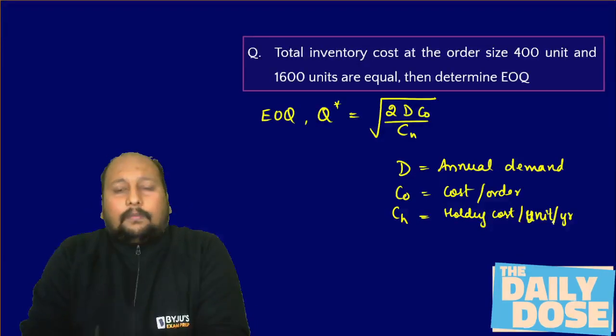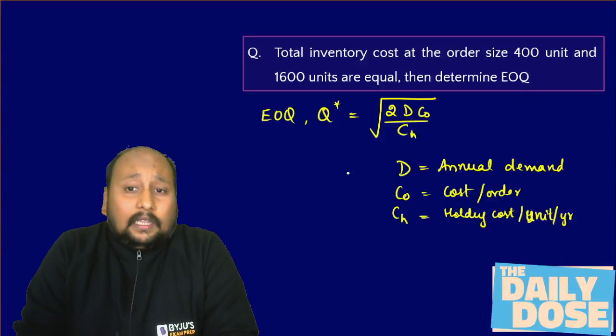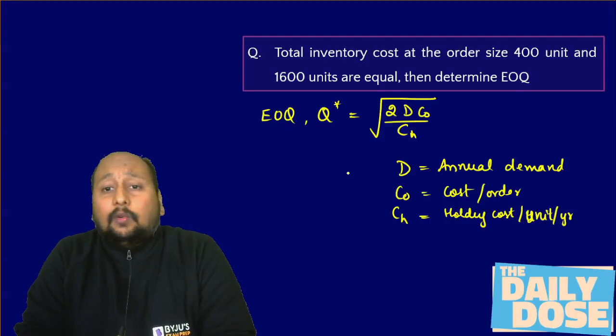But in the problem, they have not mentioned anything about D. They are not giving anything about CO and CH. Then how do we need to calculate?